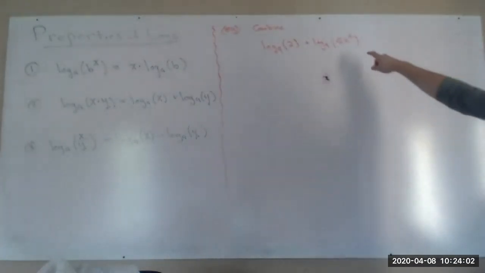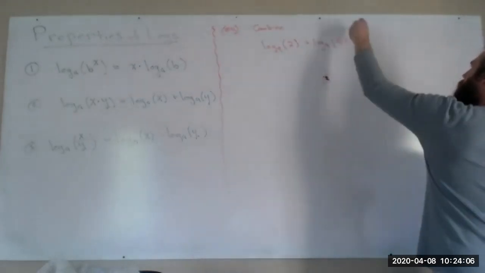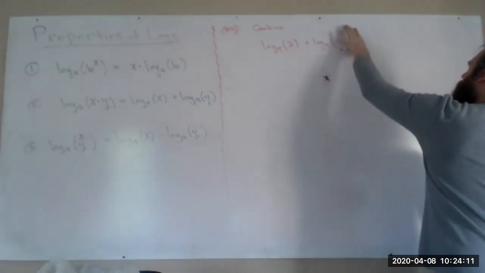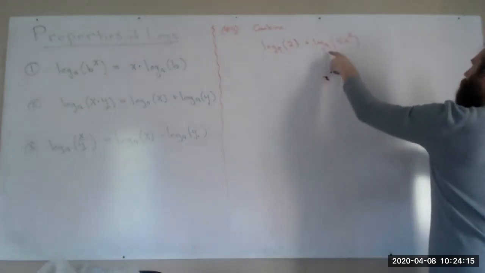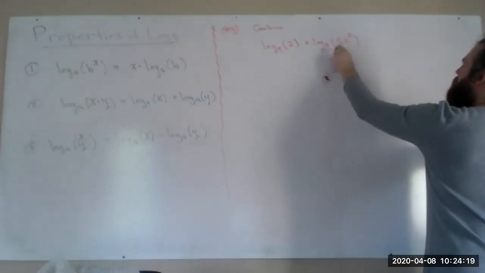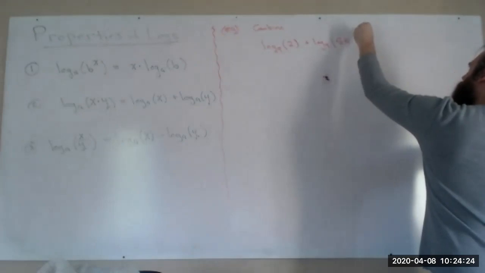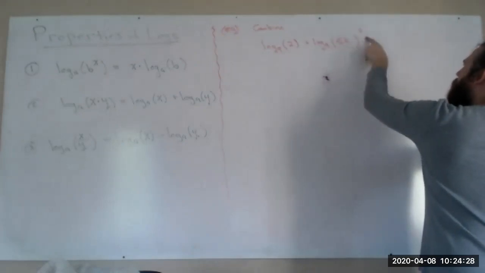If this square, for example, was out here, that would be very, very different than having the square in here. The square in here says take k, square it, multiply by 5, then take the base 9 log of that. The square out here would say take k, multiply by 5, then take the log, then square.